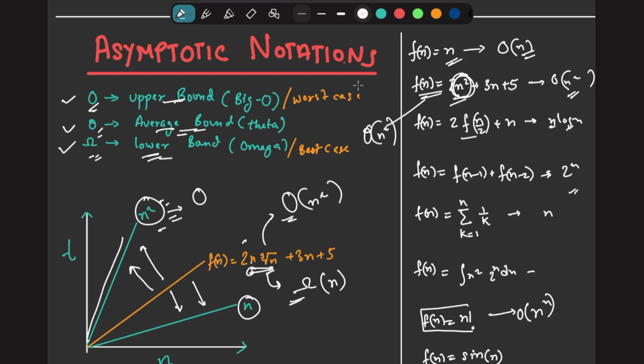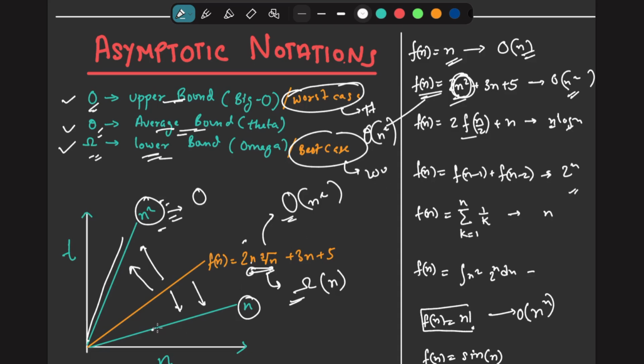And here we can also see big O is also known as worst case, and theta is also known as best case. Worst case means which takes higher time, and best case means which takes lower time.